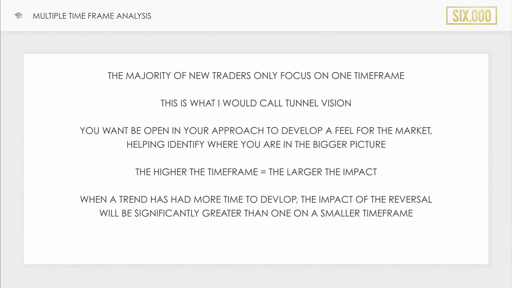It will be extremely aggressive in comparison to the 1 minute chart. The move will maybe be 1,000 pips, whereas the 1 minute chart may be 10 pips. So again, the higher the time frame, the larger the impact. And that's why we have these 3 different time frames for using in our analysis. And this can be extremely powerful in harmonic trading.